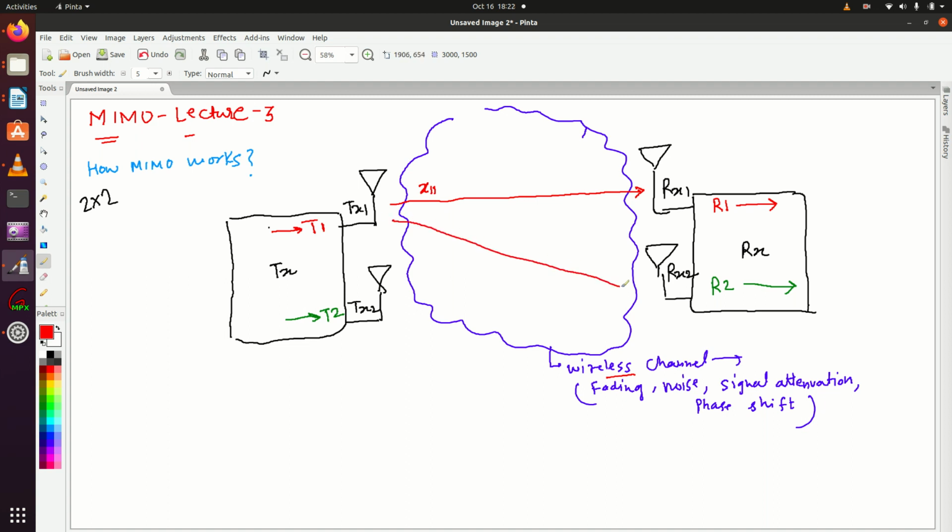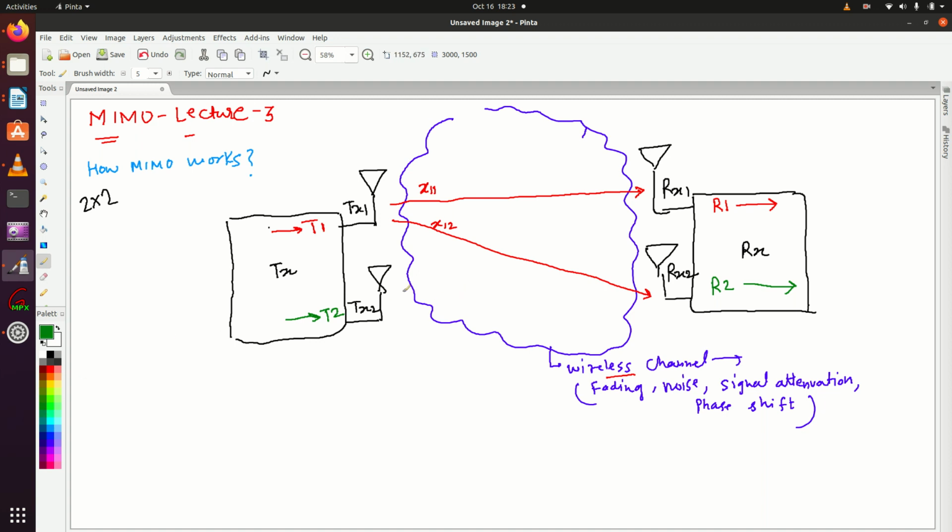Similarly, this is my x12 coefficient. x12 is the changes performed by the wireless channel in the T1 signal between the path of TX1 and RX2 antenna.